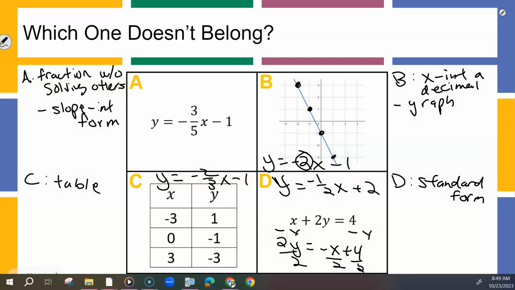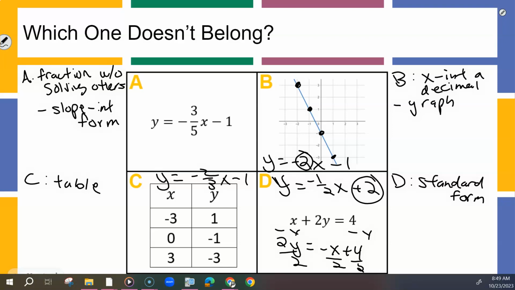What else? It's the only one with a positive y-intercept. Okay. Anything else? Because all of the others have a negative.